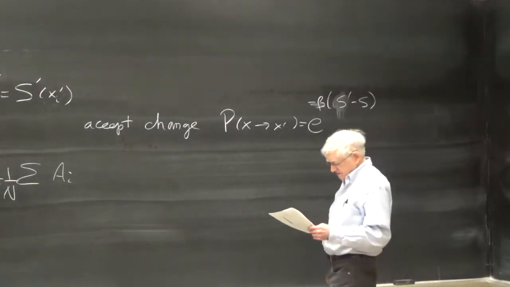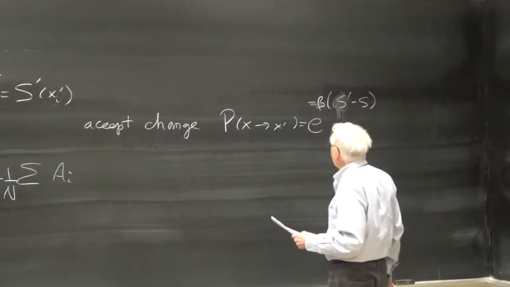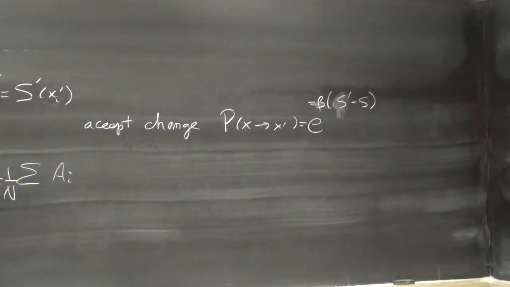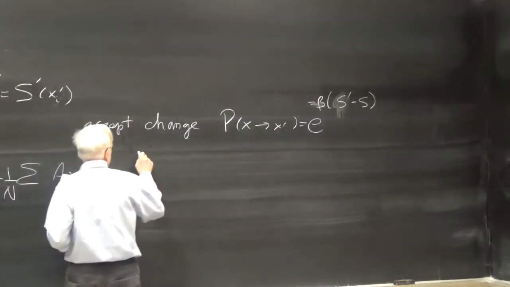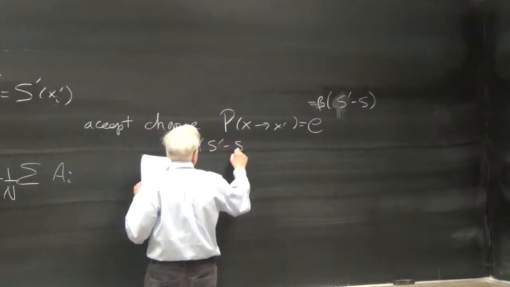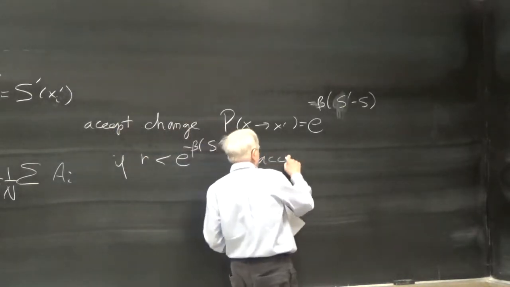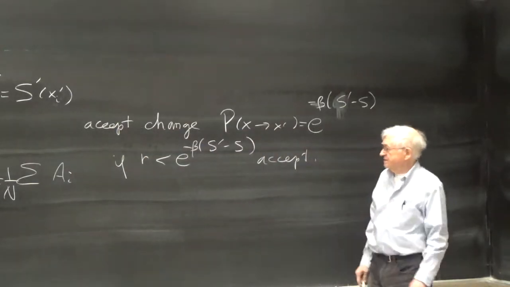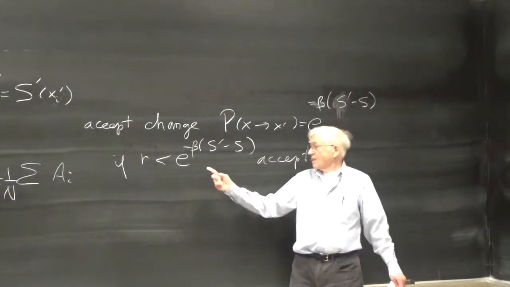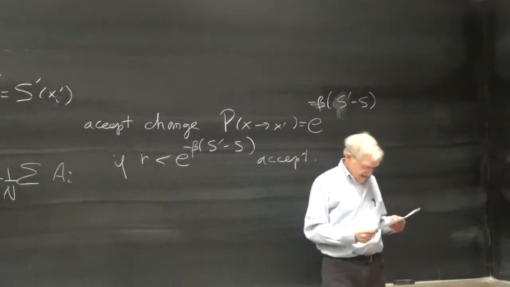And to do that, you generate another random number, and if that random number is less than e to the minus (S prime minus S) times beta, then you accept. So your probability of acceptance is exactly that, because you pick a random number.